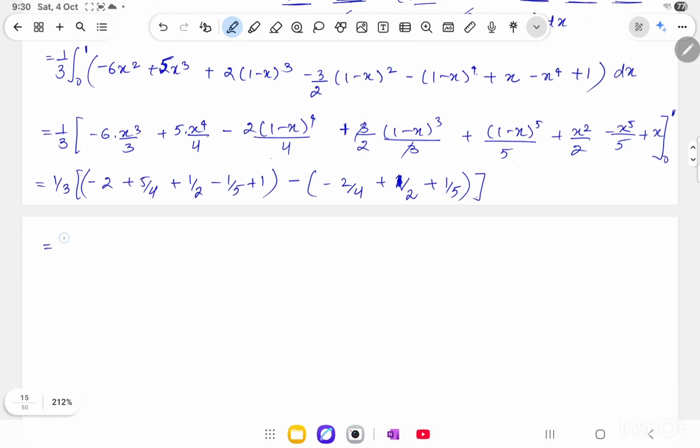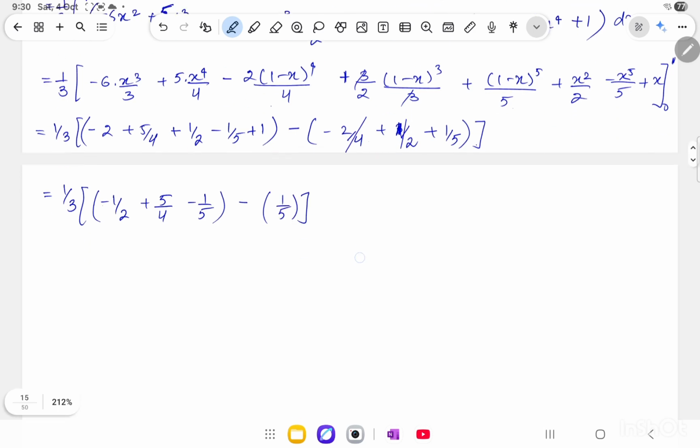So this simplifies to 1 by 3, 1 minus 1, and minus 1 plus 1 by 2, it is minus 1 by 2 plus 5 by 4 minus 1 by 5, minus this and this balance each other, so we have minus 1 by 5 only, and that simplifies to 1 by 3 times 5 by 4 minus 1 by 2 minus 1 by 5, that is minus 2 by 5.